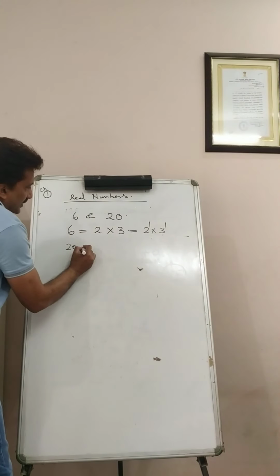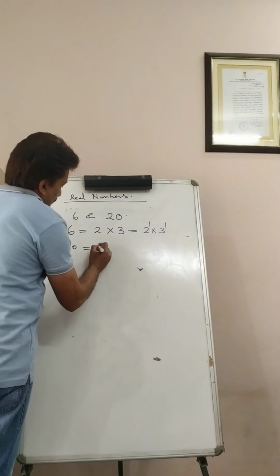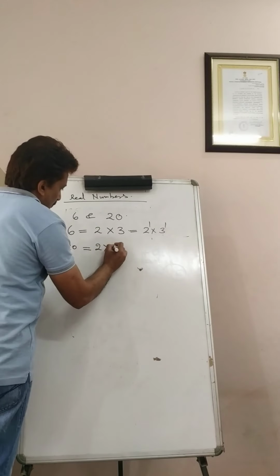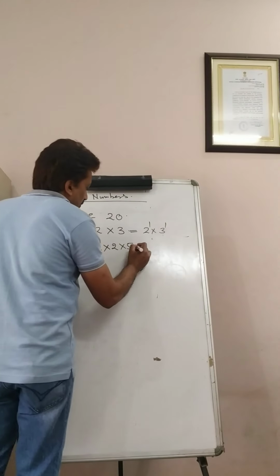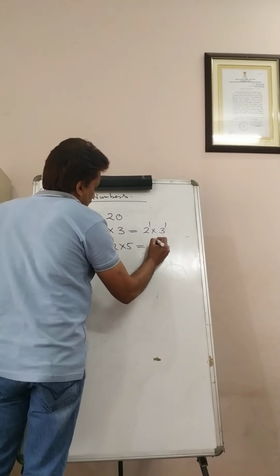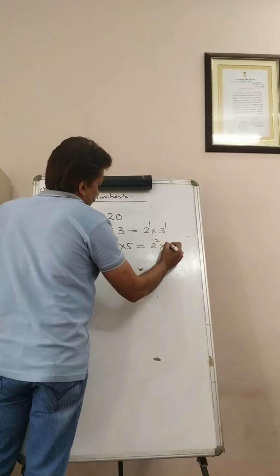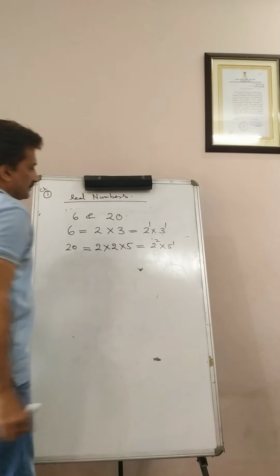And now 20 is 2 into 2 into 5. If you convert to power form, 2 raised to 2 into 5 raised to 1.